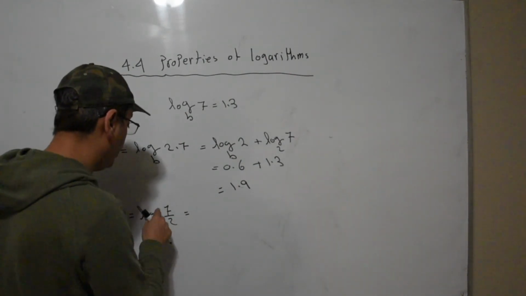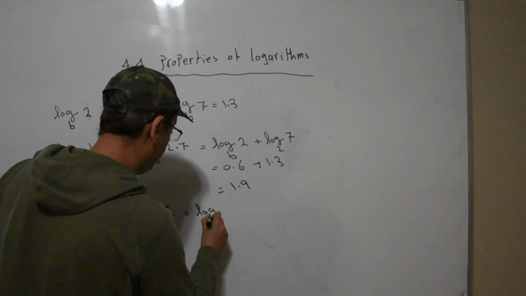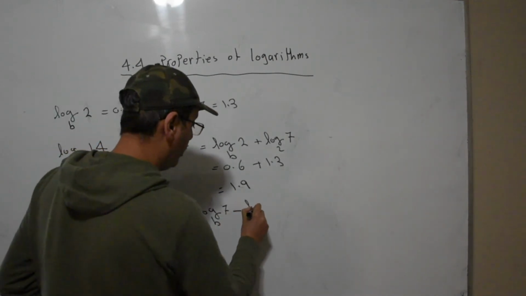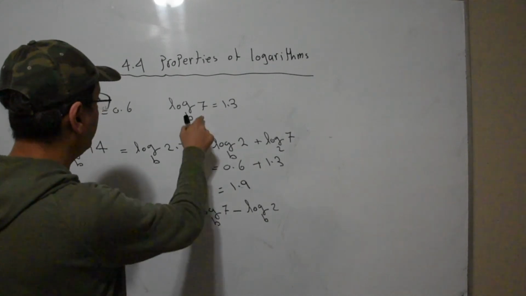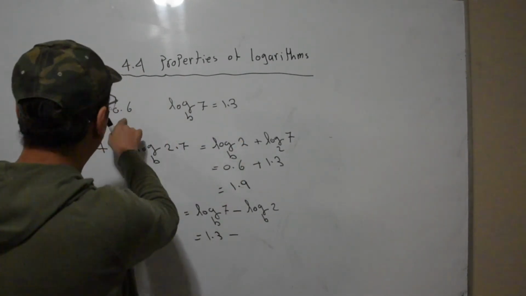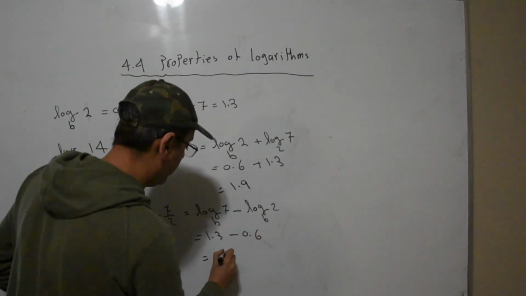Yes, it is subtraction, so the numerator would be the positive one, log base b of 7, minus log base b of 2. And now I know that log base b of 7 is 1.3 minus 0.6, which is 0.7.